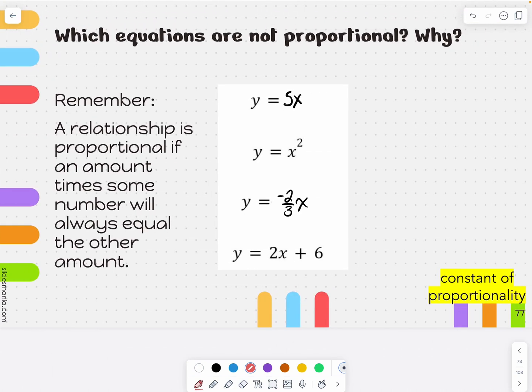What about equations? From our first slide a while ago, it said a relationship is proportional if an amount times some number will always equal another number. So there's two that are proportional and two that are not.